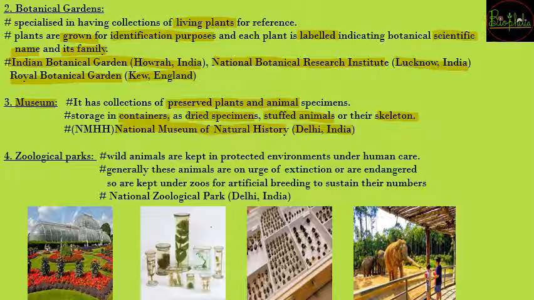Fourth taxonomic aid है that is zoological parks. Now zoological parks में क्या होगा? All the wild animals, the living wild animals are going to be in a protected environment under the human eye. यानी ह्यूमन के केयर के साथ these wild animals would be protected so that they do not undergo extinction, or if they are endangered they can be artificially bred and they can be increased in their number to sustain their survival on this planet.